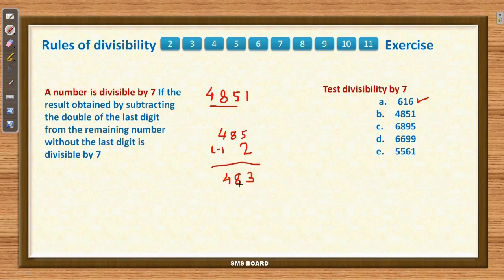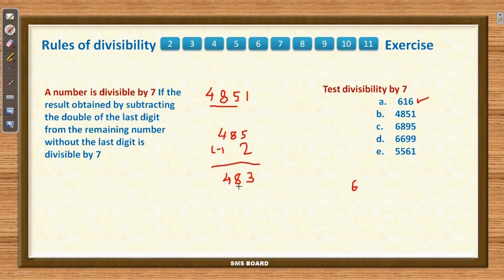We can repeat the process with this number, because to test divisibility by 7 we are applying this rule. To test the divisibility of 483, we can apply the rule again. What is the double of 3? Double of 3 is 6.